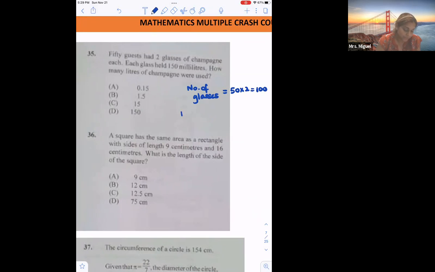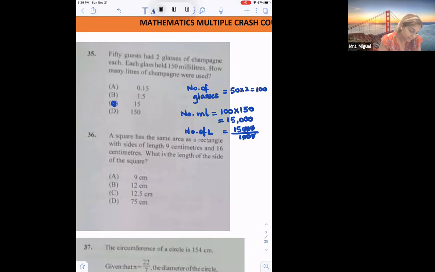So the number of milliliters would be 100 by 150, which is 15,000. So therefore, the number of liters, we simply divide 15,000 by 1,000, and we will get 15 liters were served.